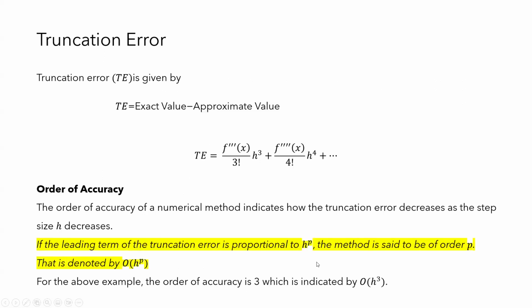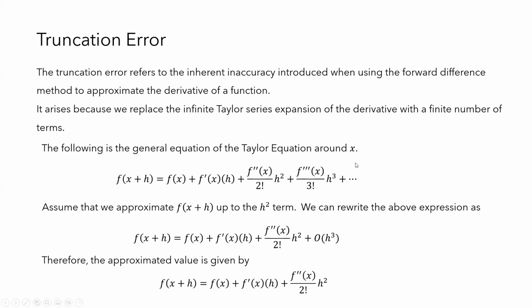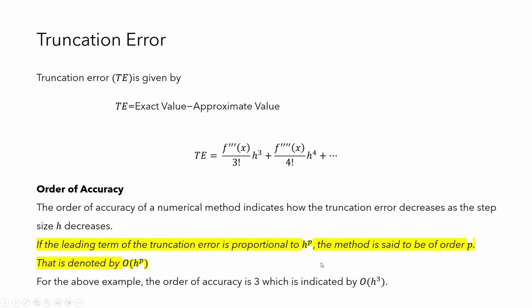So you can see there is an error because actual Taylor series has more terms, but we are considering only a few number of terms. Therefore, there is an error, and this truncation error is given by exact value minus approximate value.